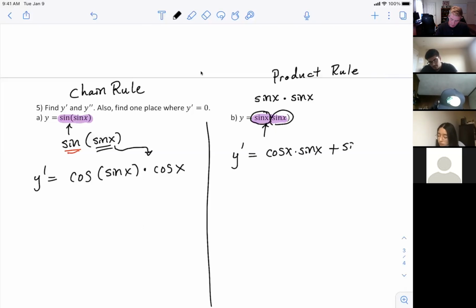This time, leave the first sine alone and take the derivative of the second sine, which is cosine. And then this one could actually be simplified because it has sine times cosine and another sine times cosine. So that means there's two of them that are sine times cosine, or you could call it two of them that's cosine times sine, same thing.